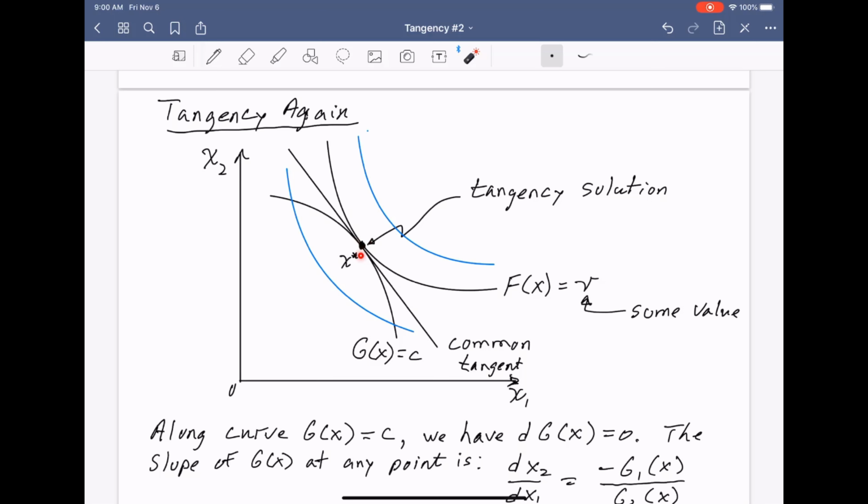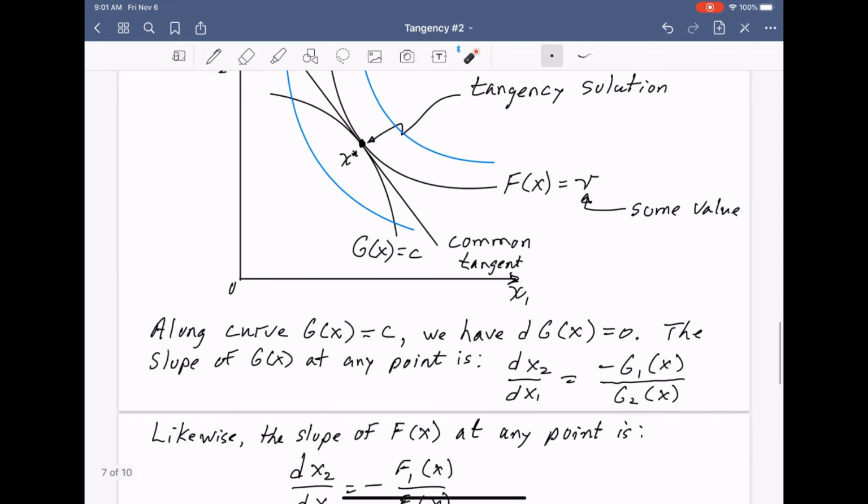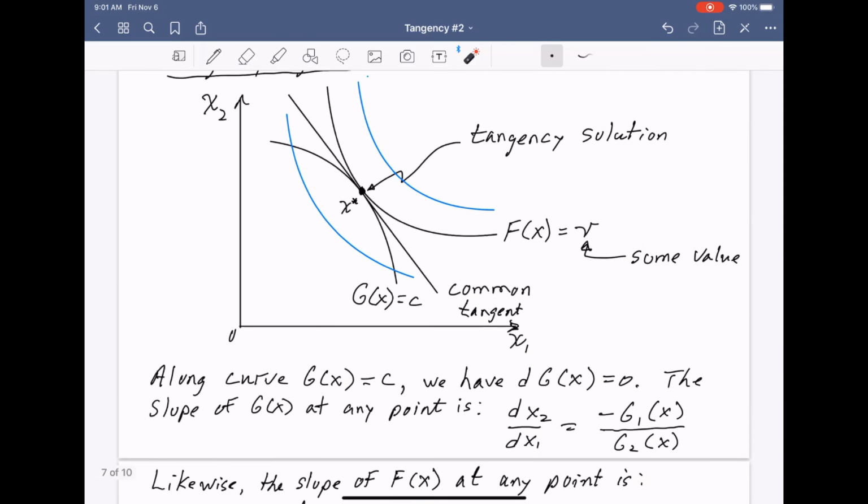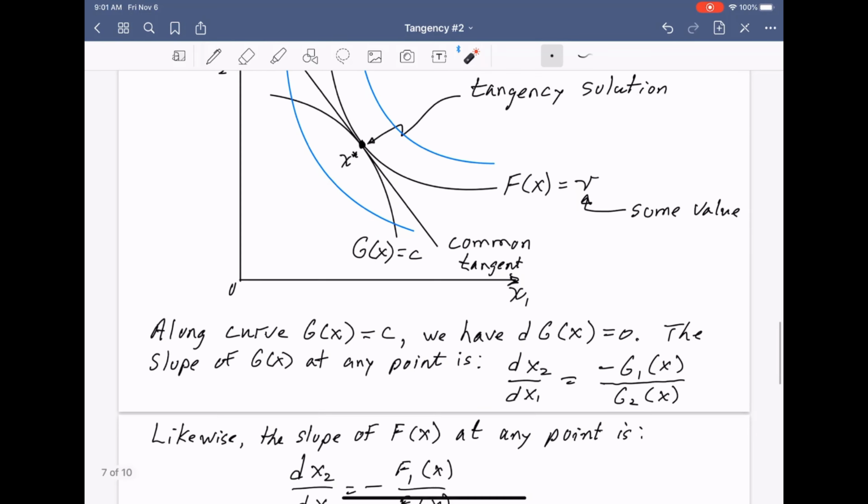And right here is where our x star is, and there's a common tangency between those. So we can look at the common tangency, and we note that it's given by the slope dx2 over dx1. All right, and we'll look at that a little bit further.